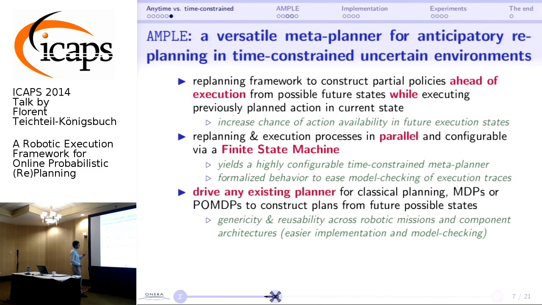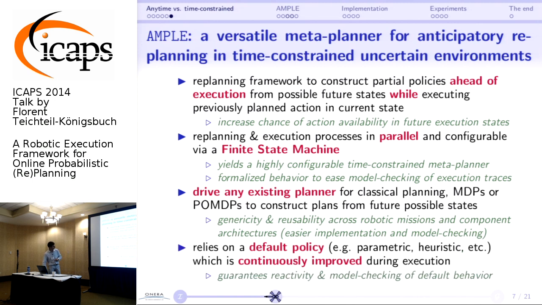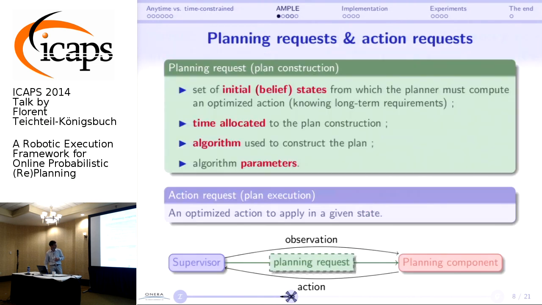And finally, we can drive any existing planner. This is important. Give me any MDP or POMDP planner, and we can incorporate it in AMPL. It will work like that. Finally, we have to rely on a default policy when an action is not available.